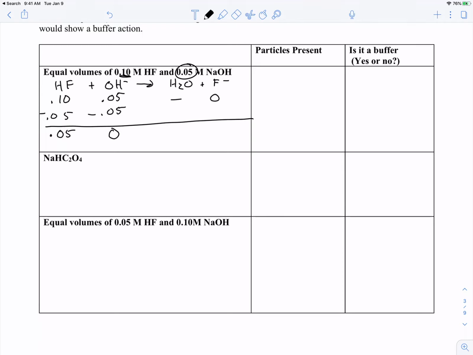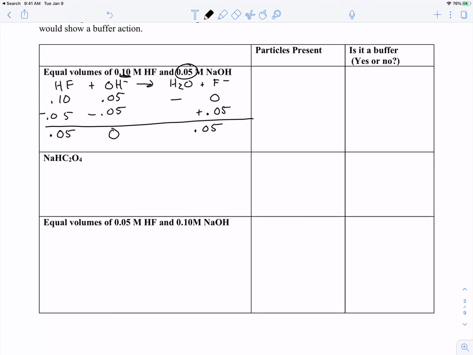I will have some hydrofluoric acid left over at the end. And if you look at the fluoride side, all of the hydroxide that reacted with half of the hydrofluoric acid formed sodium fluoride, or in this case, just the fluoride ions I show. So at the end, we have 0.05 moles of hydrofluoric acid and 0.05 moles of fluoride ions.